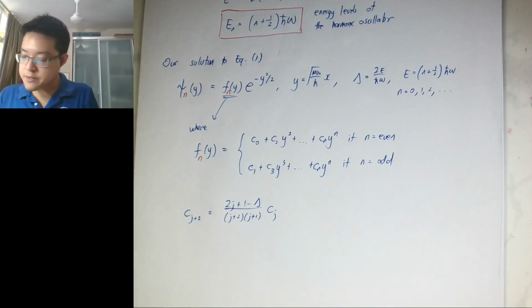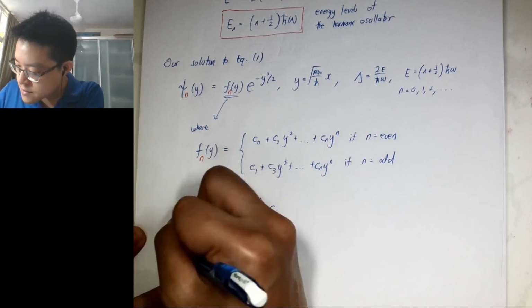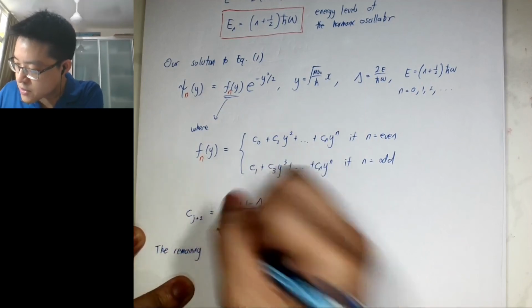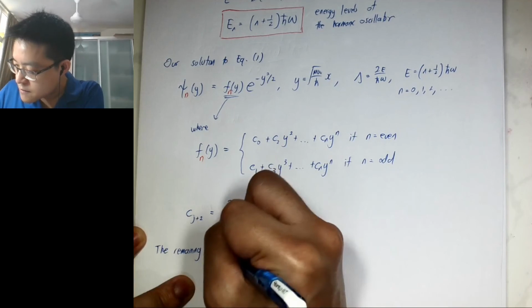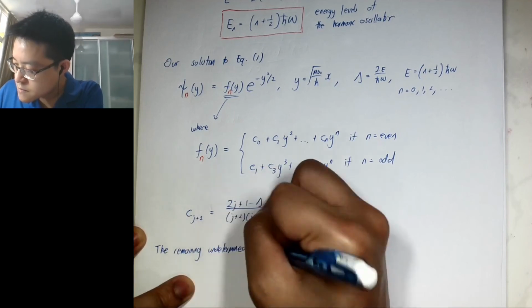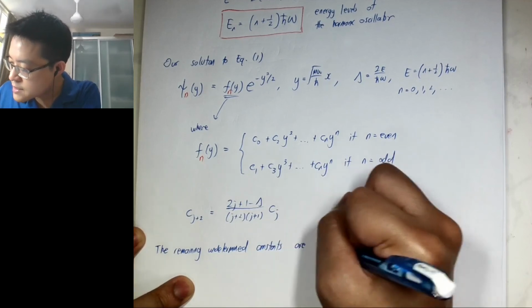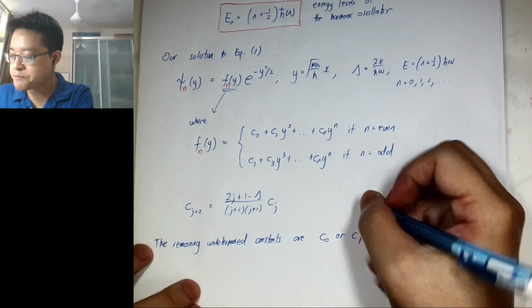Right? So the remaining free parameters are the C0 and C1. So I'm going to write it here. Well, it's either C0 or C1, right? Seldom both together at the same time.